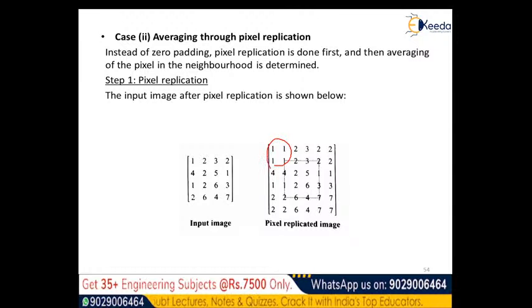Here we have 1 1 1 1 for the corner elements, 2 2 2 2, then 2 2 2 2, we have 7 7 7 7, and next to that we have the determination of the average value here.